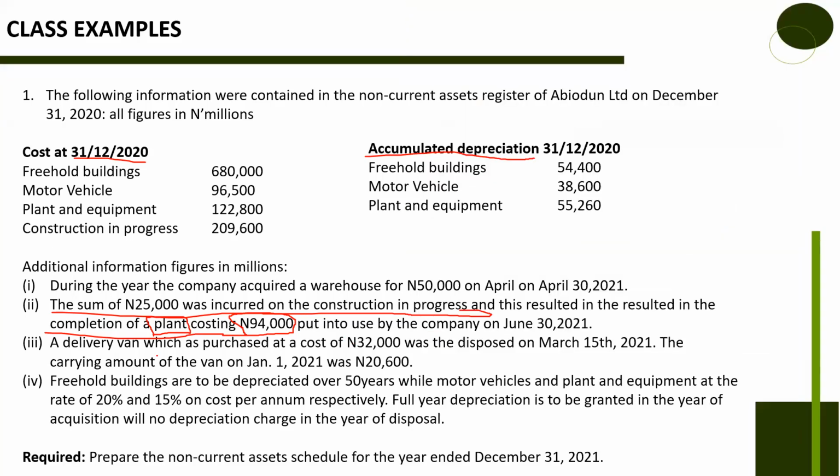A delivery van that was purchased at a cost of 32,000 naira was disposed of in March. The carrying amount on the van was 20,600.